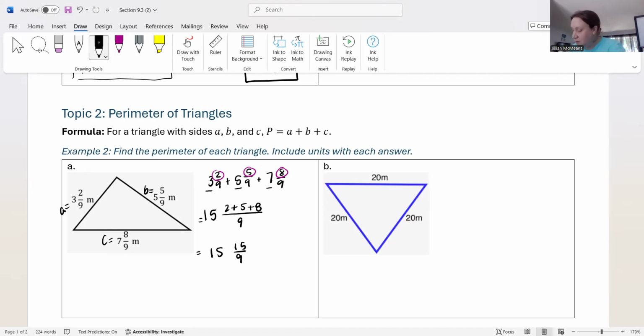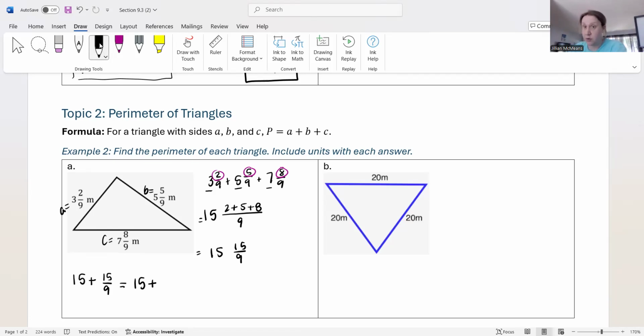So let's think of this instead. I'm going to kind of scoot down here as 15 plus 15/9. Let's rewrite 15/9 as a mixed number, and then we can add that mixed number to our original whole number, okay? So this is going to equal 15 plus, well, 15/9, how many times would 9 go into 15?